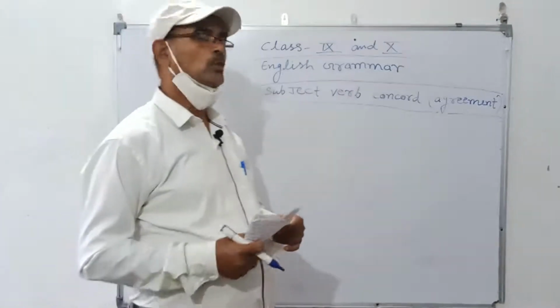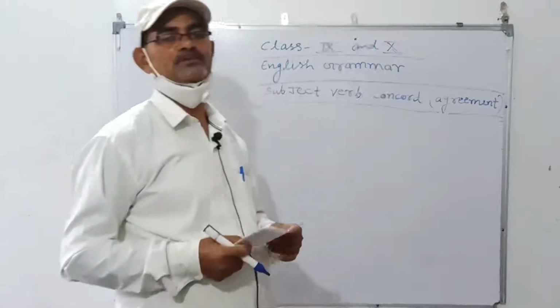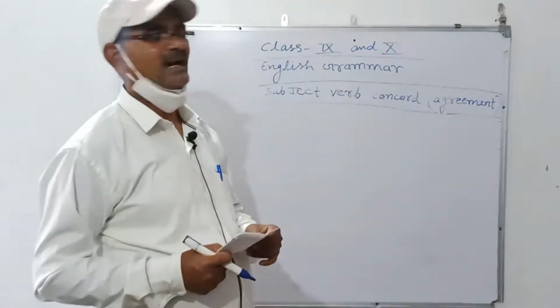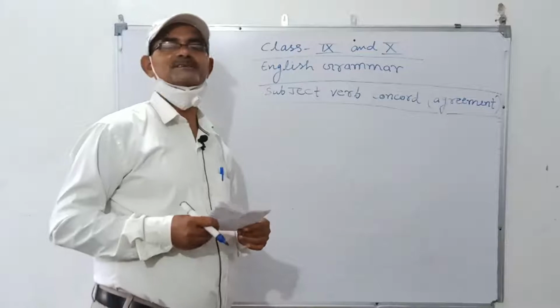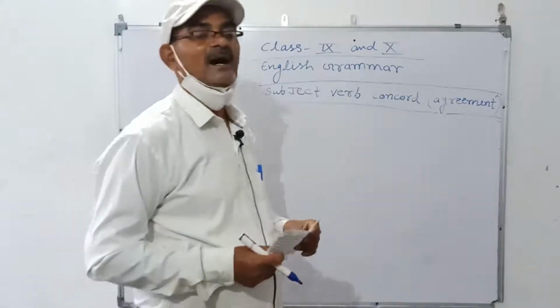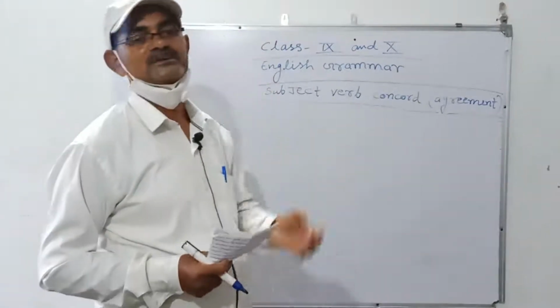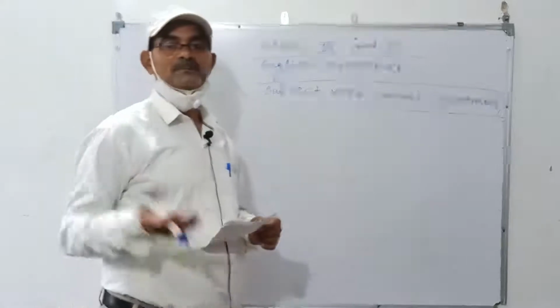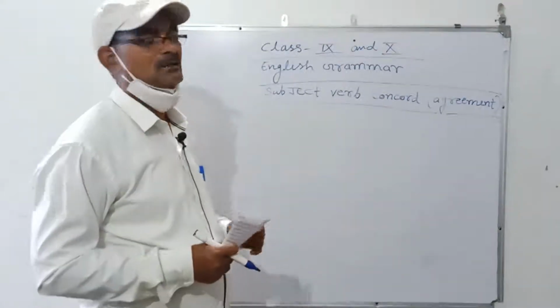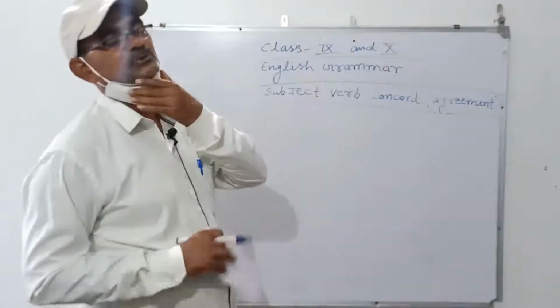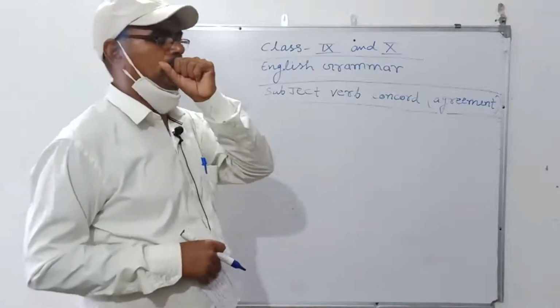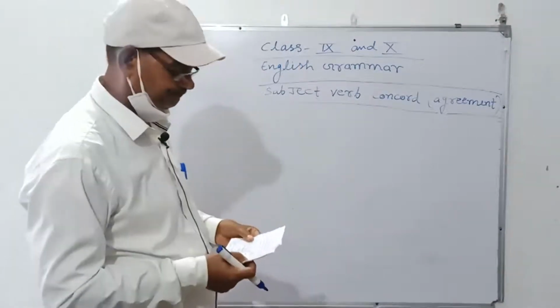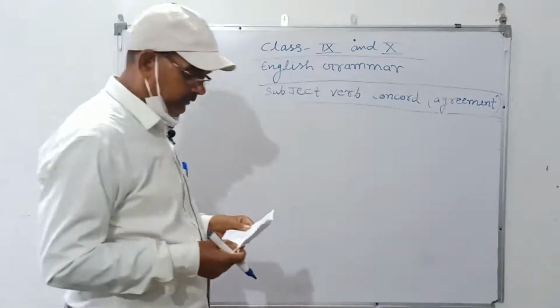Means that the original form of the verb is plural. And if we change the verb form to singular, we add either s or es to the verb. जब verb का मूल form plural होता है और उसमें s या es जोड़कर उसको singular बनाया जाता है.